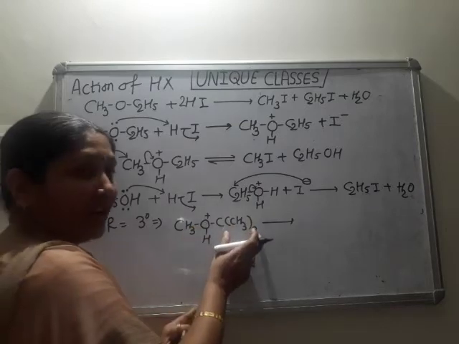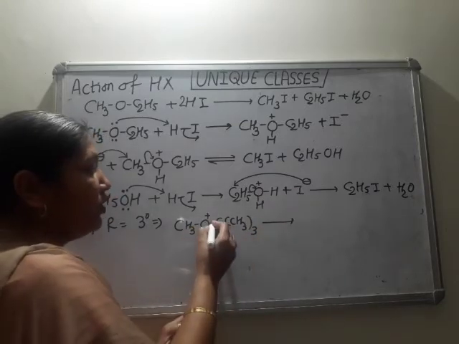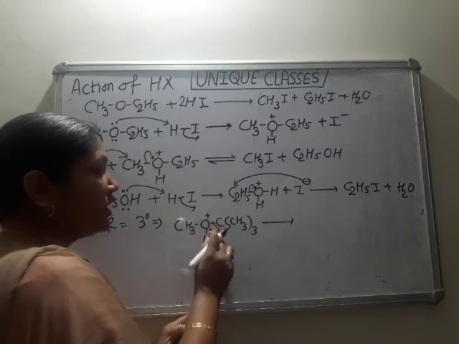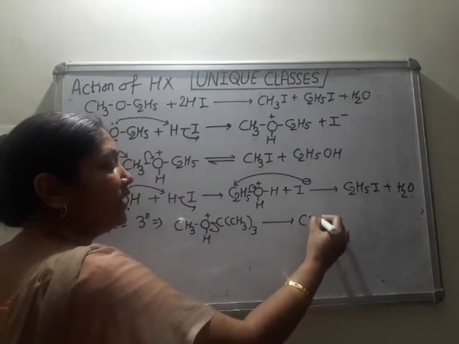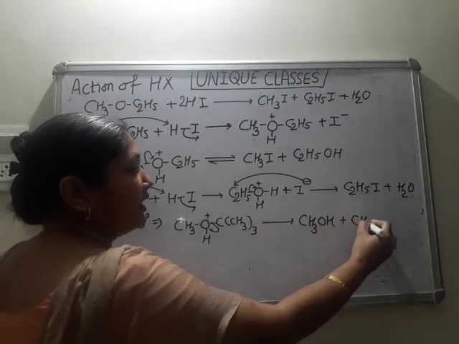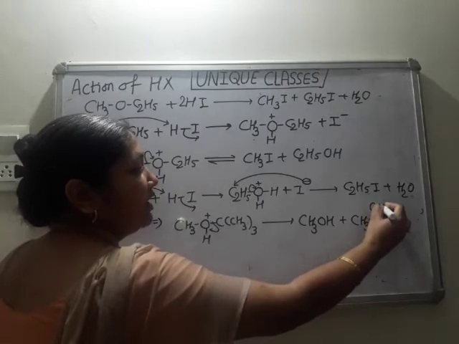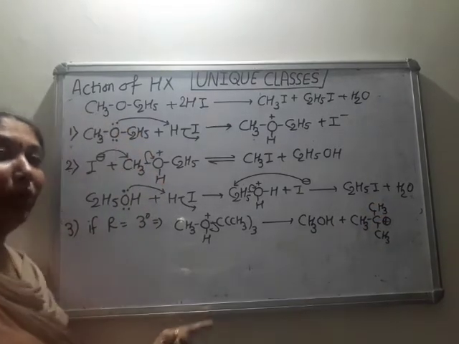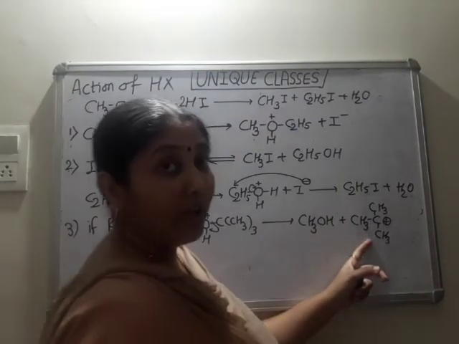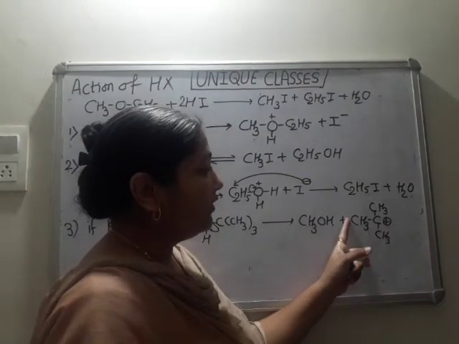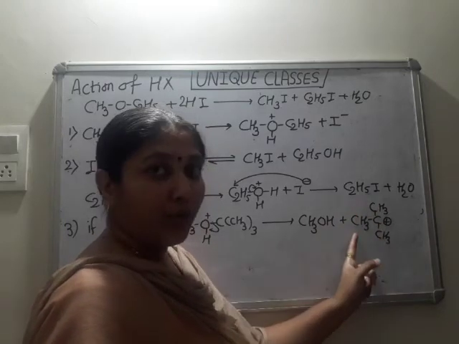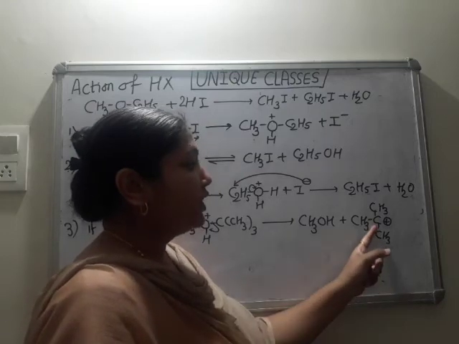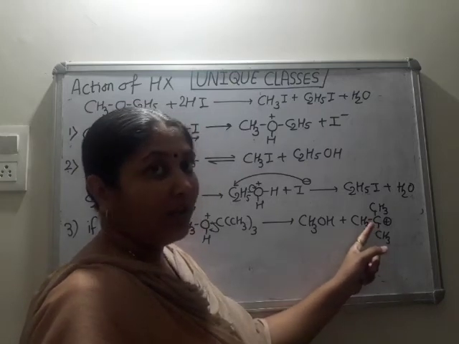Okay, it doesn't wait for that I minus. So in the first step it gives electrons, because as soon as it loses its electrons, it is converted into CH3OH and (CH3)3C plus. We know it's a tertiary butyl group which is highly stable. Why? Due to the plus I effect of these three methyl groups as well as hyperconjugation. 9 hyperconjugations are there. So this is a highly stable alkyl group.